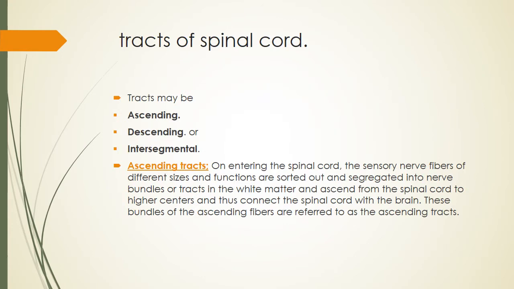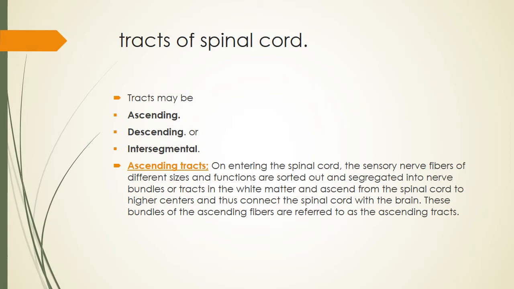We can divide the tracts into ascending tracts from the spinal cord to higher centers, descending tracts from the higher centers to spinal cord, and intersegmental tracts. First of all, we will discuss the ascending tracts.